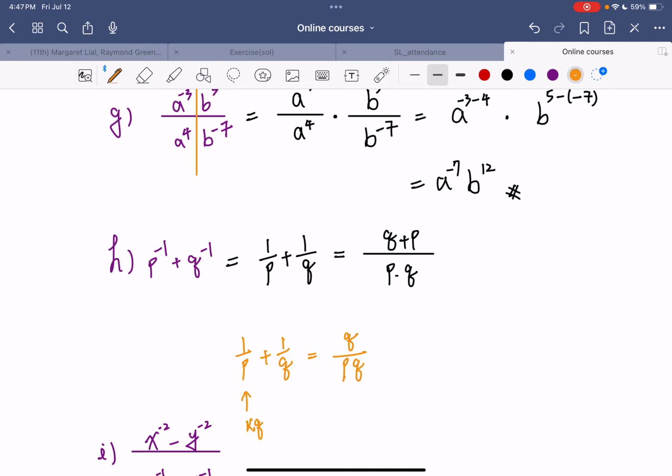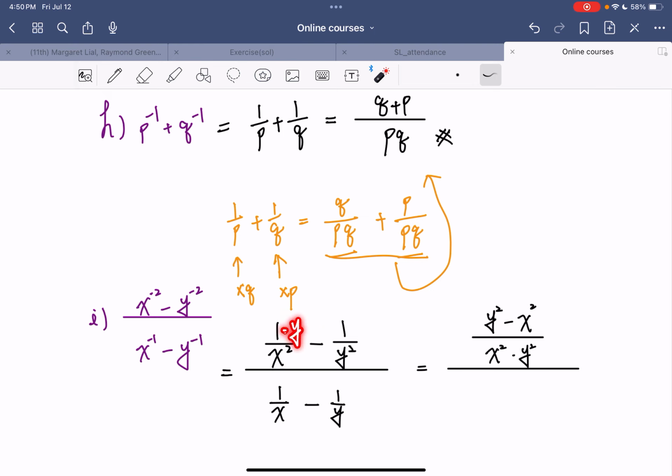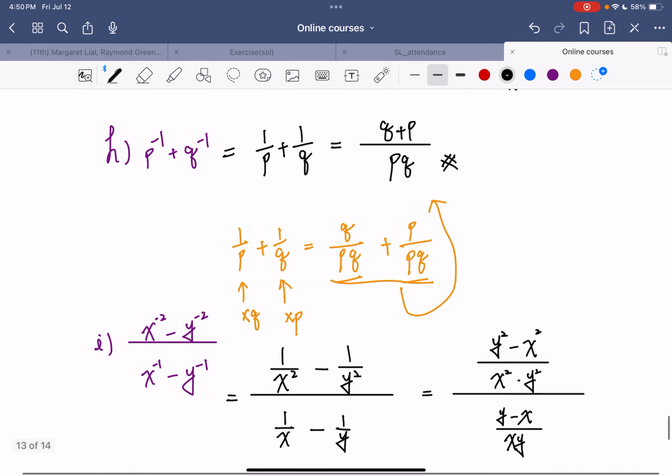Okay, because you times y squared to this part, x squared to this part. And for this one is just xy minus x. Yeah, just a PQ up here.